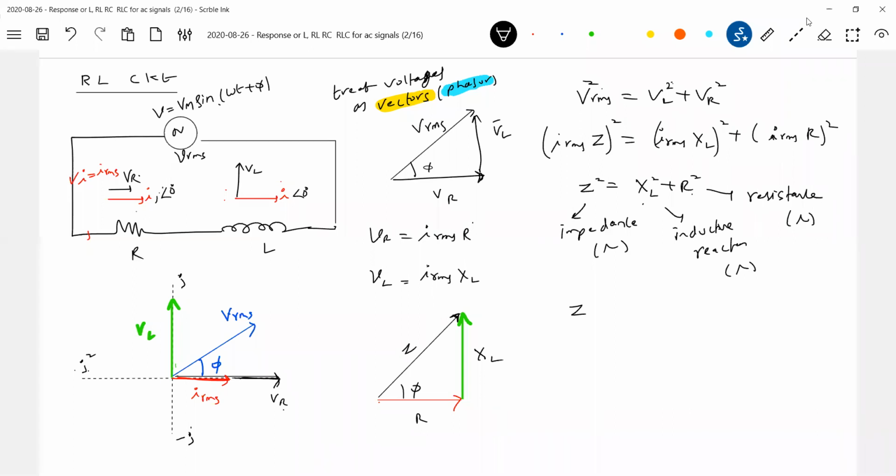Plus J means phase angle. If a voltage is having a magnitude of 10 volts, I'll write J nearby it, or 10J. So what does it mean? Magnitude 10 and having a phase angle of 90 degrees.